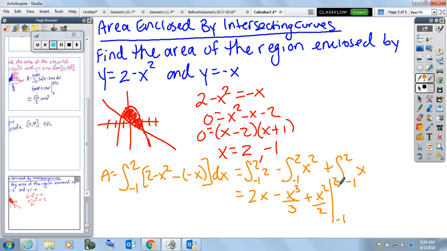You substitute all of your 2's in for your x's, and then minus the value with all of your x's being -1. To save a little time, we can do the simple math, and this comes out to be about 9/2, whatever the units are, squared.